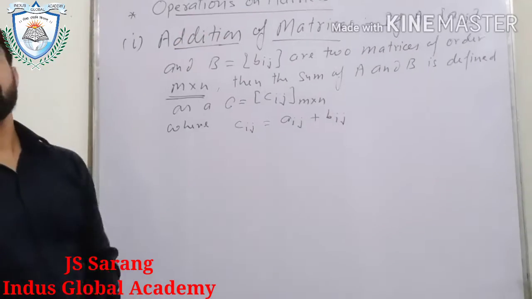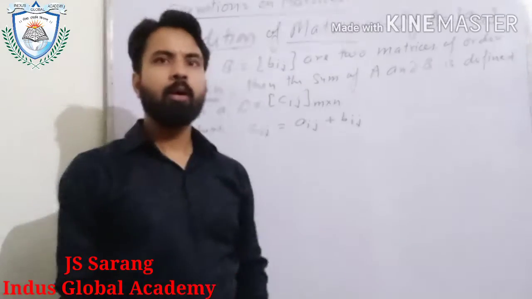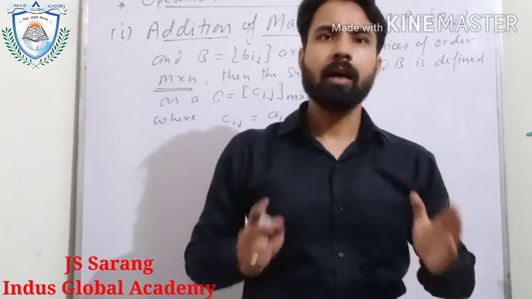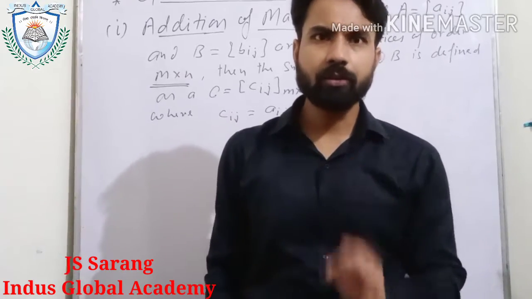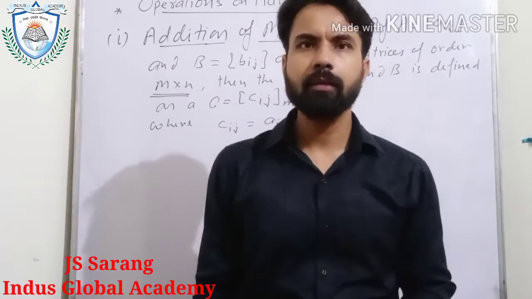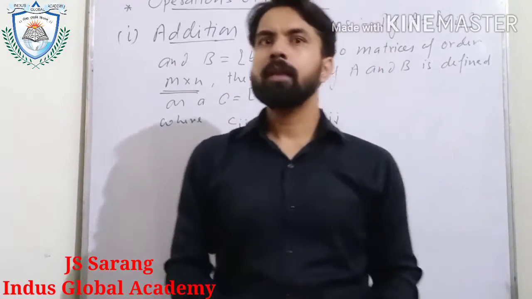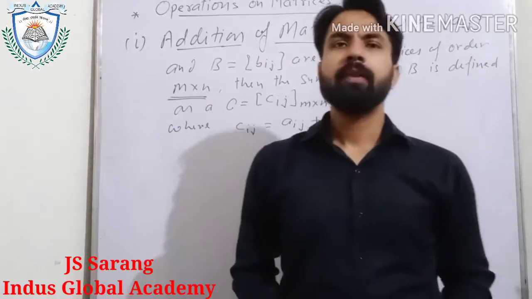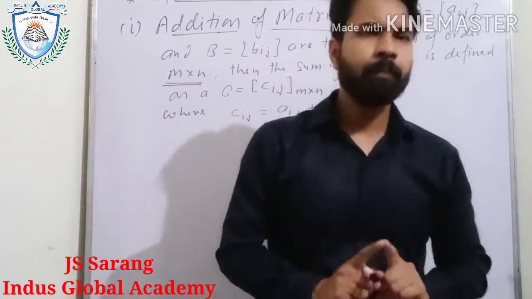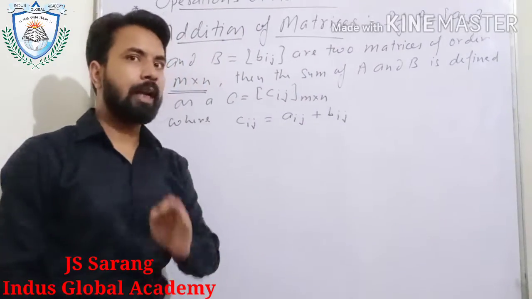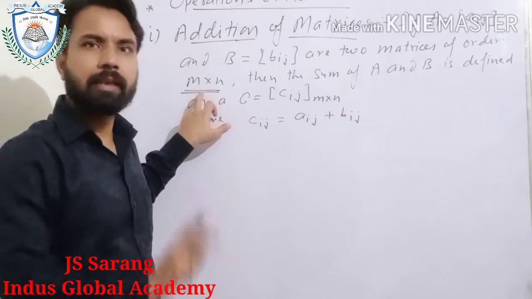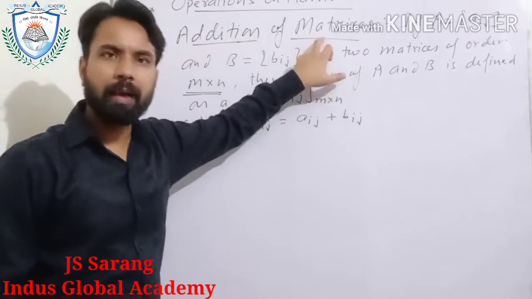Addition of matrices is possible only when the order of both the matrices is the same. If the order of matrices is the same, then only we can add the matrices. If the order of matrices is not the same, then their sum is not defined. This is a very important point you have to keep in your mind, that the order of both the matrices must be the same for addition of matrices.